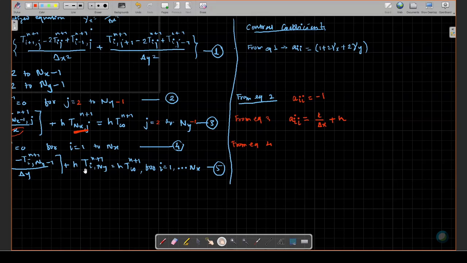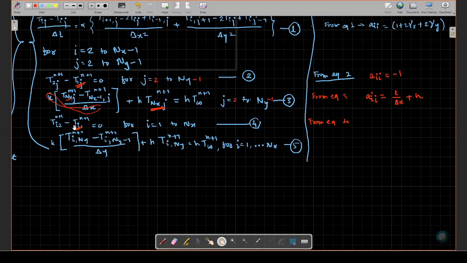So from equation number 4, this is the central point, Tij. The central coefficient of the central variable is Aii equals -1.